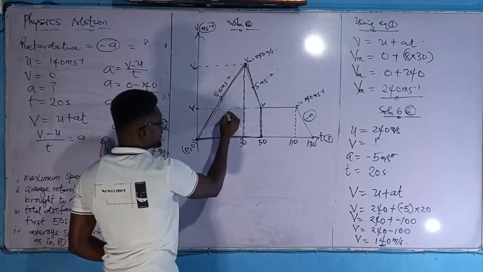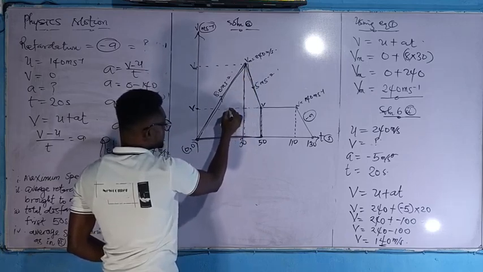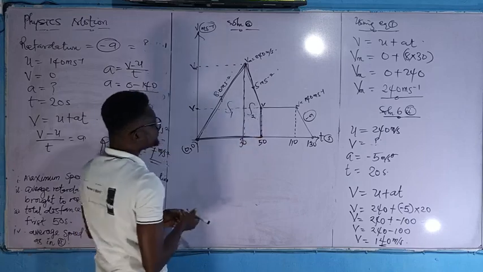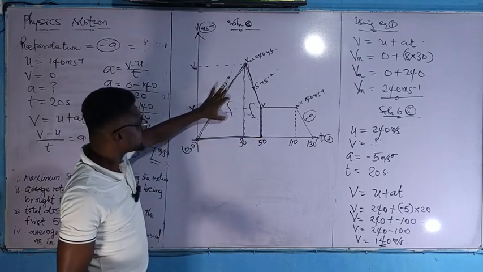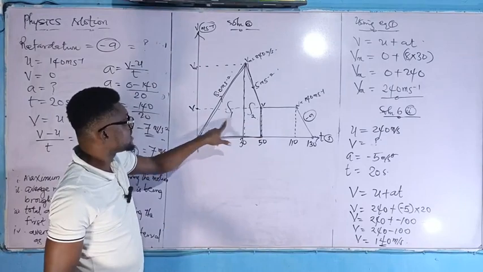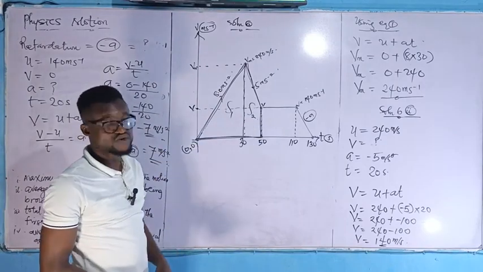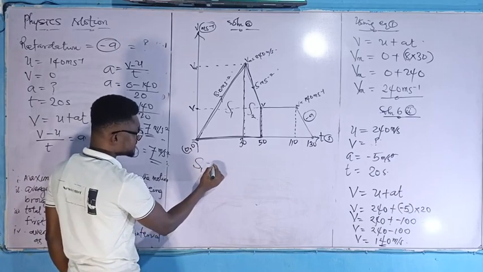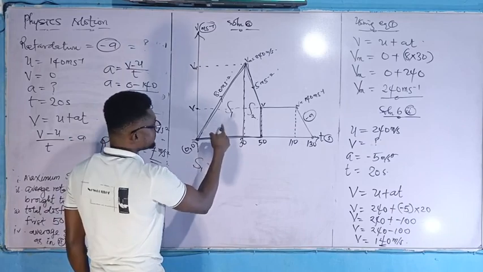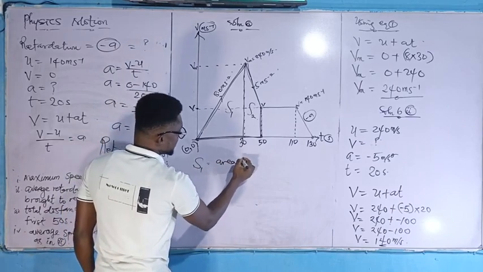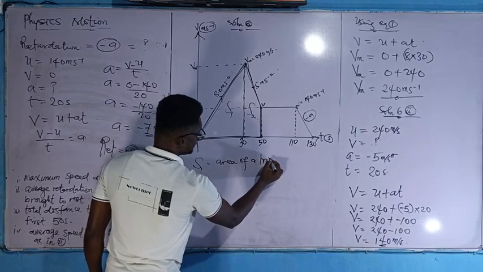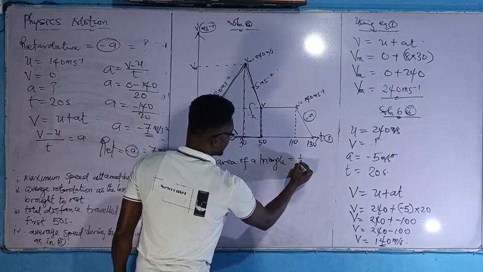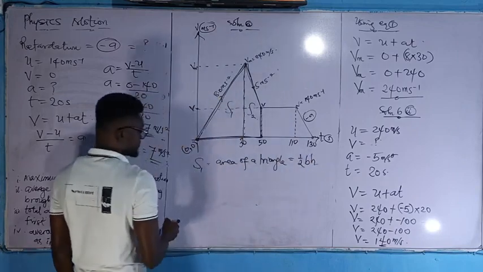Let me just differentiate it as the first distance and the second one. So you get S1, which is the total distance of the triangle, and S2, the total distance of the trapezium. The distance S1 is the area of a triangle, which is half base times height.